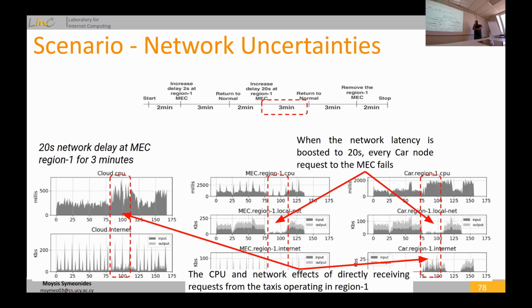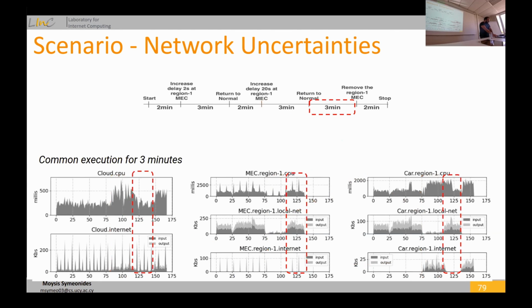So the car workload generator actually gets timeouts on this network, so it redirects the traffic through the mobile internet. For that reason, we can observe an increased cloud CPU utilization and some data transferred through the car region 1 internet network. Then again, we return the system to normal.